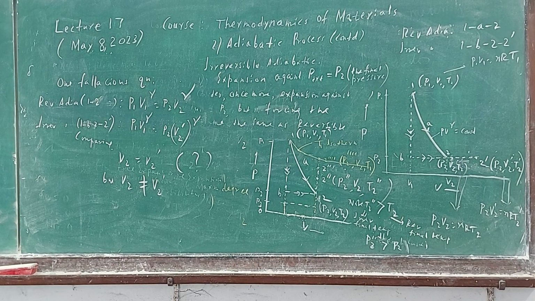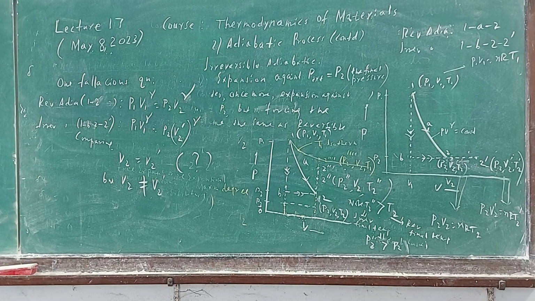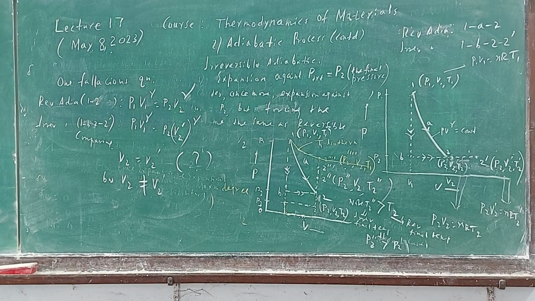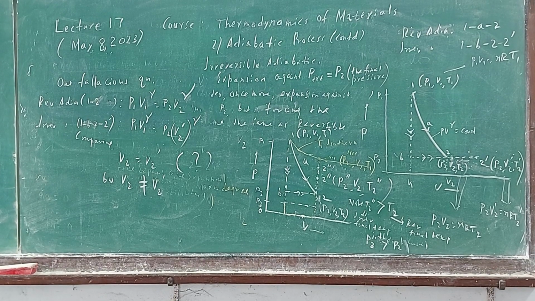In the first line I have applied du is nCvdT. Is it reversible or irreversible? Then where did I apply PdV? If it were irreversible, it can be any value, sir, dW.